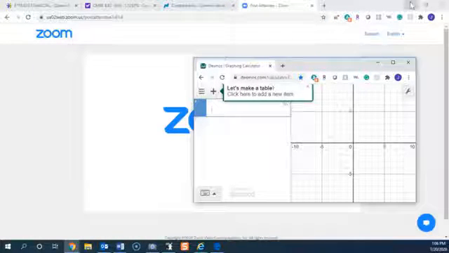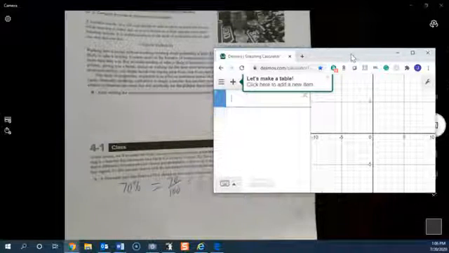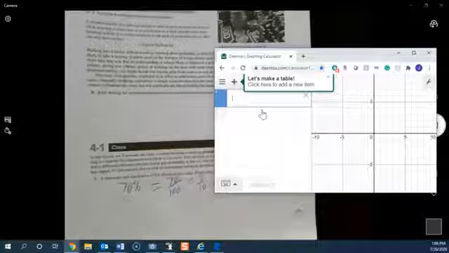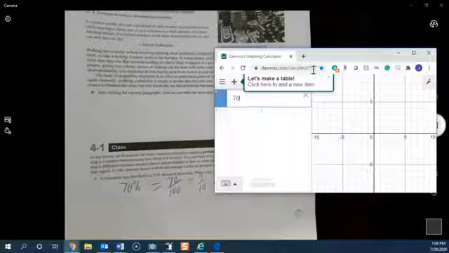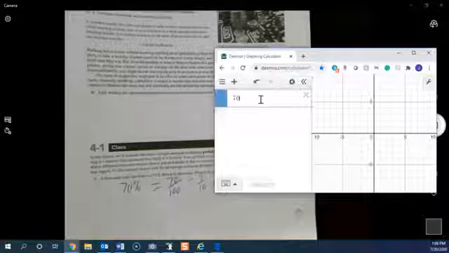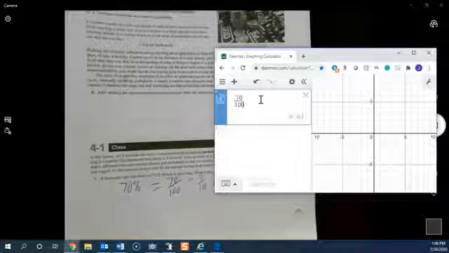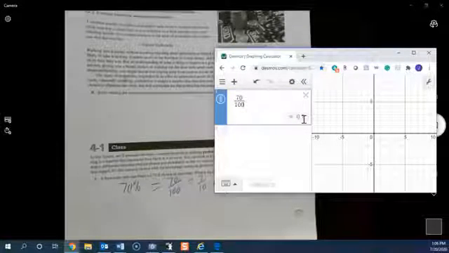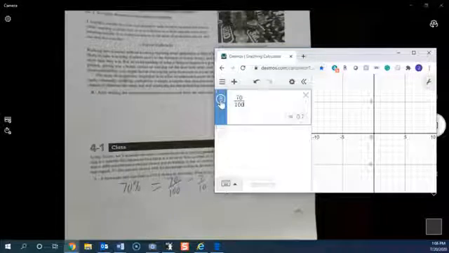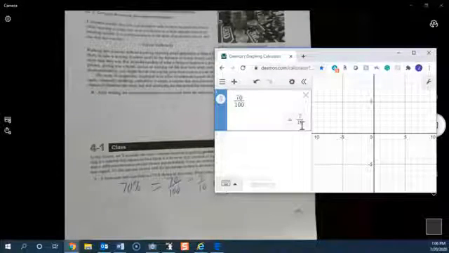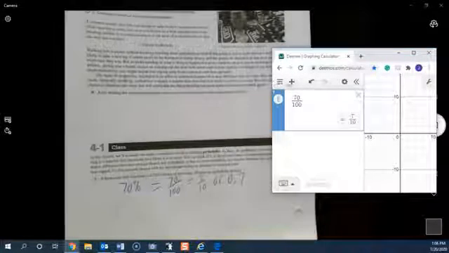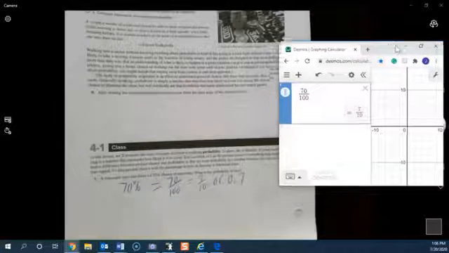With Desmos, we would do 70 divided by 100. It will give us 0.7, which is our decimal. And then we will hit this fraction bar here, and then it will give us our fraction as well. So that's an illustration of how Desmos would work.